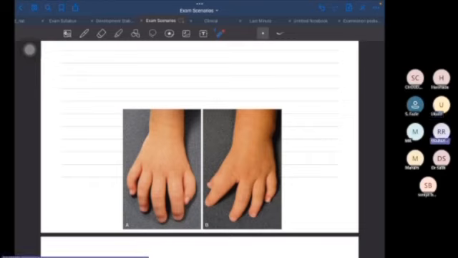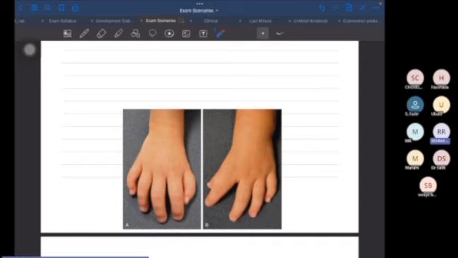Sorry, the 6 minutes is over, but we'll just continue because you are verbalizing your examination. So when you feel for a thrill, there is no thrill present in the apical area, but when you place the pulp of the fingers on the left second intercostal space, you can feel a thrill, and you can also appreciate a heave when you place your ulnar border in the sternal area of the chest along the lower left sternal border.